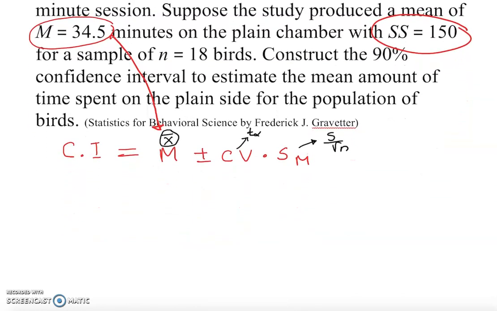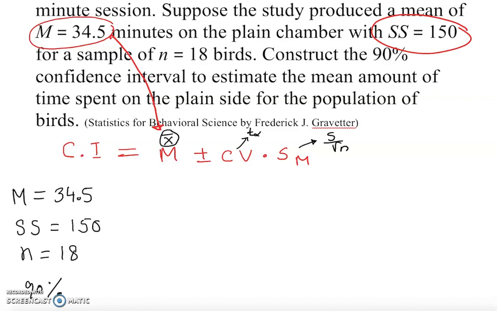The information given is: the mean is equal to 34.5, SS is given as 150, also given is the sample size, which is 18, and a 90% confidence interval. Okay, all right. So this is the information that is given.